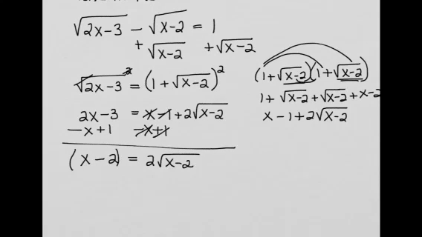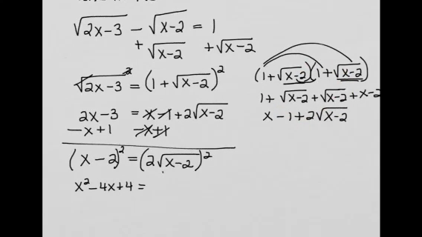So we have x minus 2 quantity squared on the left, and 2 times the square root of x minus 2 on the right. When I square x minus 2, I get x squared minus 4x plus 4. Remember, again, I'm doing FOIL. So I just went ahead and did it this time since it's not as complicated as the FOIL we just did over in this area.